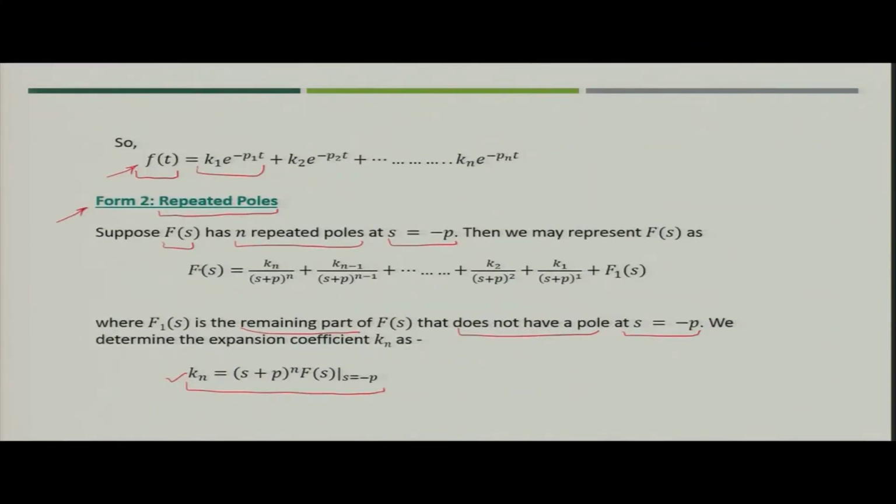If you multiply by (s plus p) to the power n, you will get K_n plus K_(n minus 1) into (s plus p) and so on. Now, you will have K_n as a constant term, but we need to find K_(n minus 1) because K_n we have already calculated. So, what can we do?